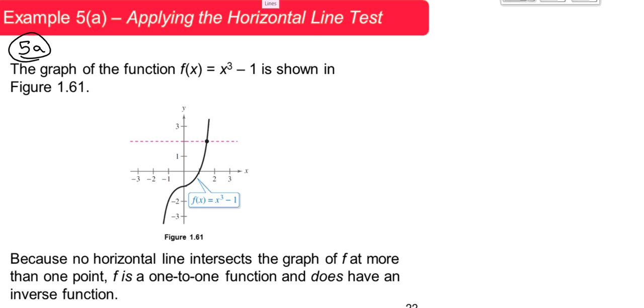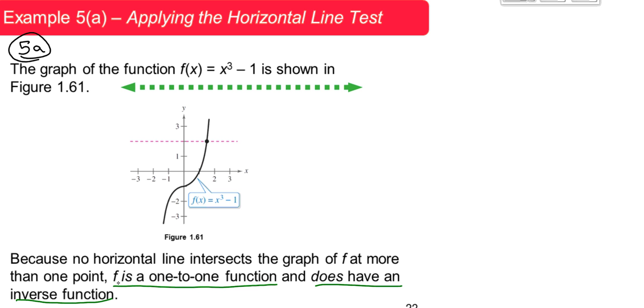So if I draw a horizontal line here, and I'll just snap one in there, no horizontal line intersects at more than one place. So here f of x is a one-to-one function, and it does have an inverse function. So that's what we're looking at for 5a.